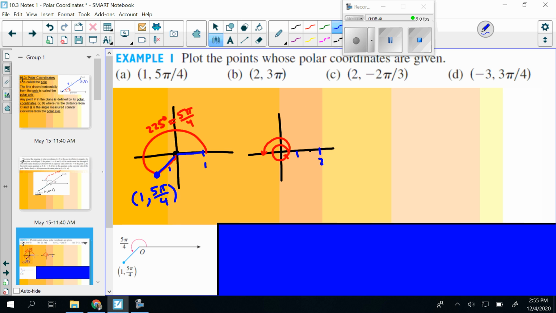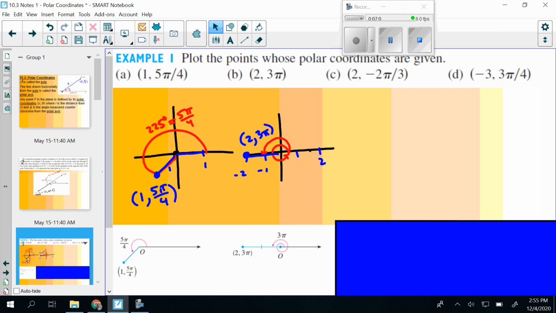Let's say 2 is that much. So we would want to measure that line the same distance out in the other direction. 1, 2. And that would be where our point is. So that would be the point right there of (2, 3π). Here's another picture showing you that same thing.